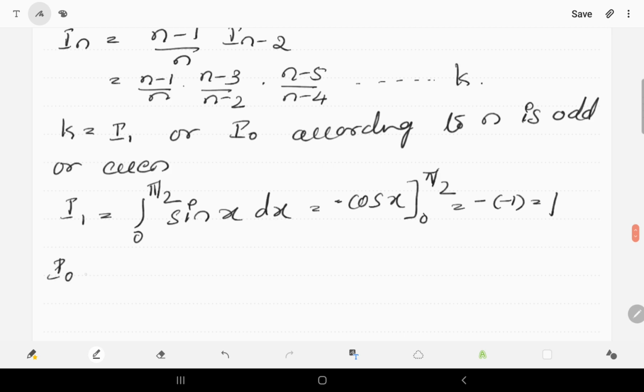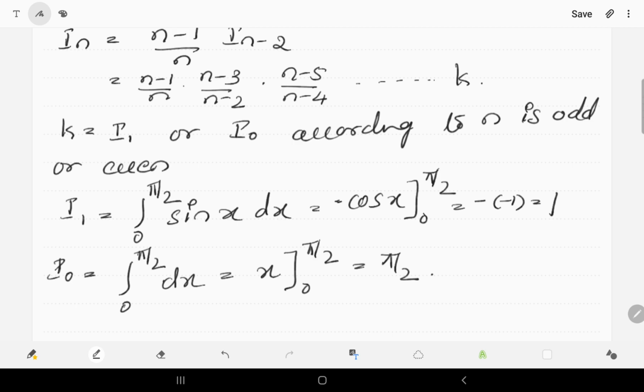So I_0, it is even, 0 to pi by 2. If you put n equal to 0, sin 0 x is 1, that is only the integration of dx, x varies from 0 to pi by 2, that is equal to pi by 2, because here we have taken n equal to 0.